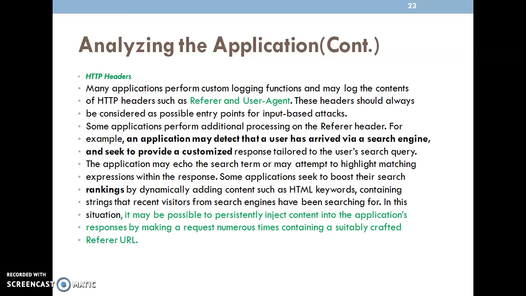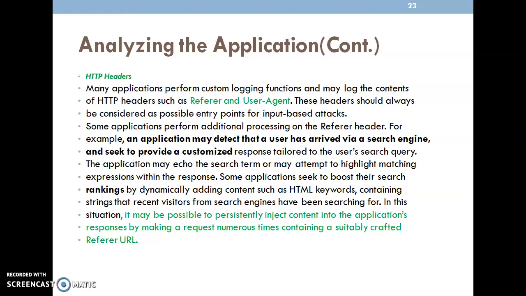Then another way of analyzing the application is by making use of the HTTP header. The HTTP headers are mainly generated from the user agent. Here, the user agent is a browser, and an application may detect that the user has arrived via a search engine and seek to provide a customized response.